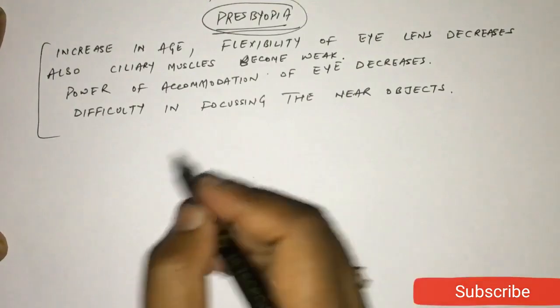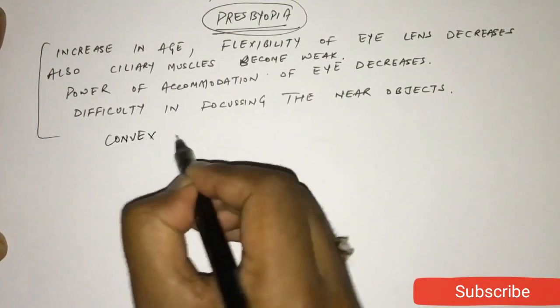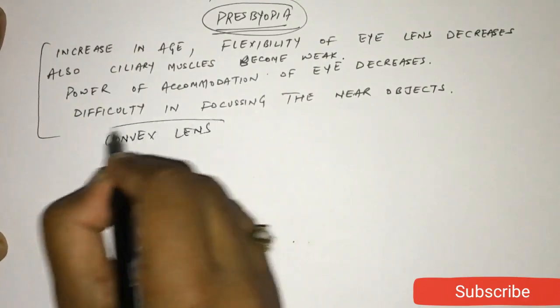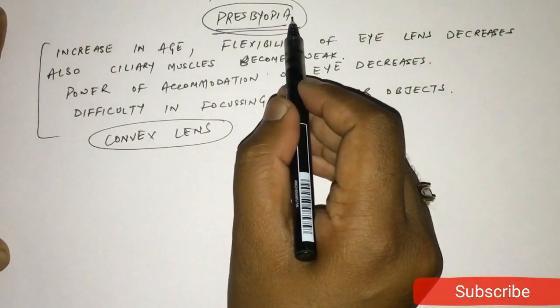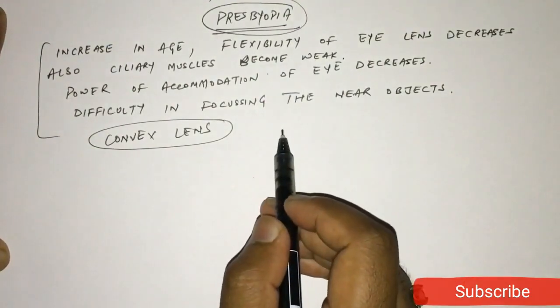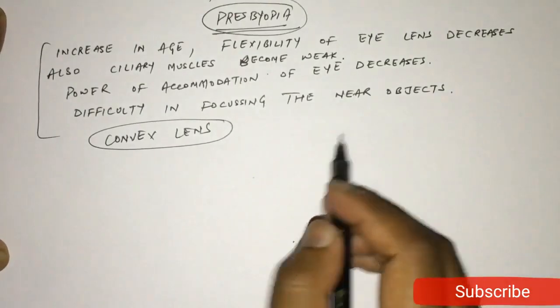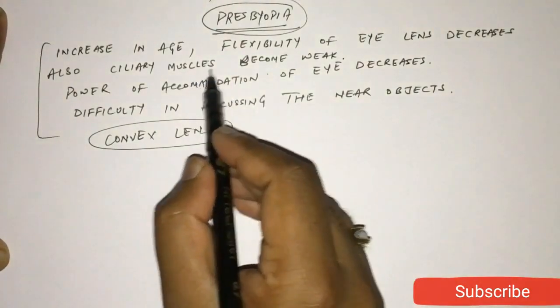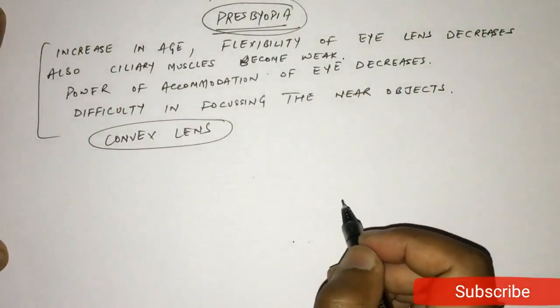This defect is corrected by convex lens. So presbyopia is same like hypermetropia, but the cause is different. The cause is old age, weakening of muscles. Flexibility of eyelids decreases.